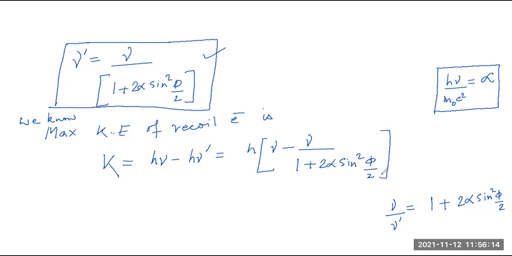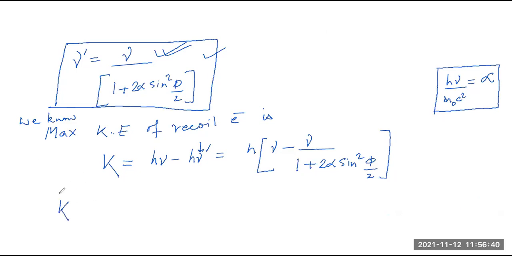Is it okay? So we have substituted the value of nu prime in this equation. Yes, we substituted this equation for nu prime. Is it okay, everybody? Right. So I can again take nu common.